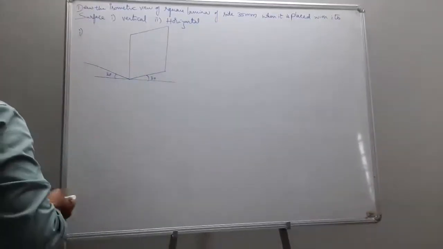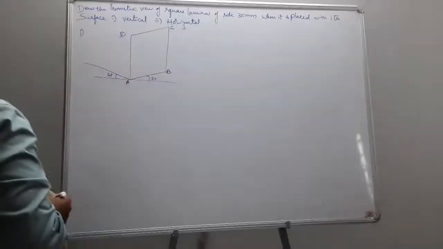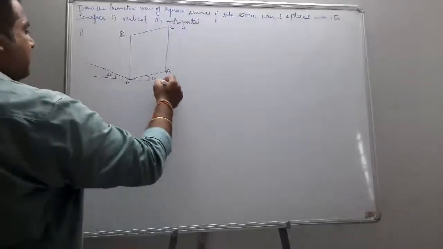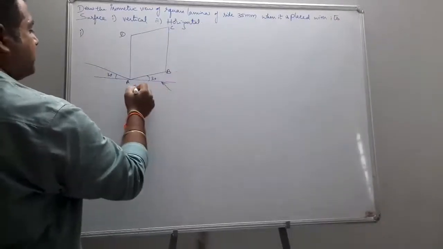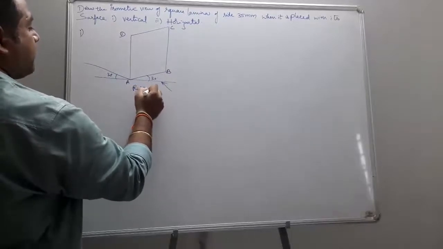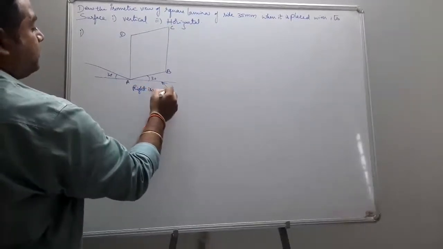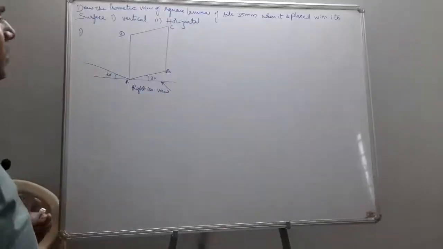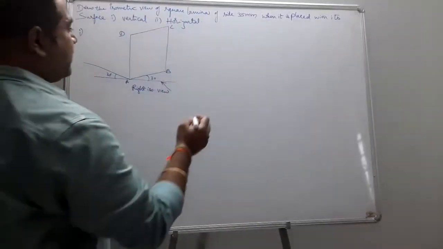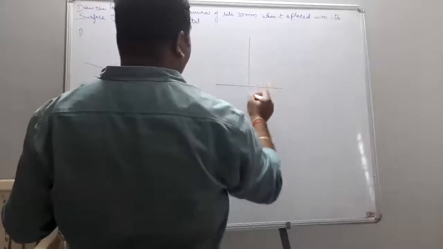When it is seen in this pattern, with some A, B, C, D, we can call it right isometric view.